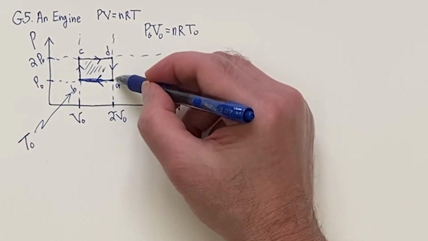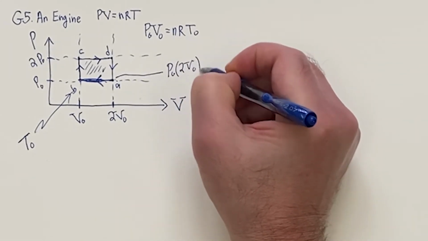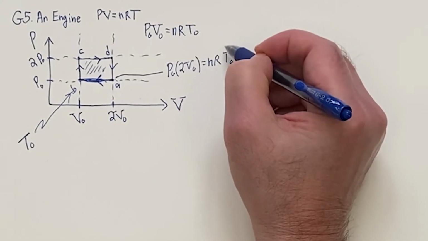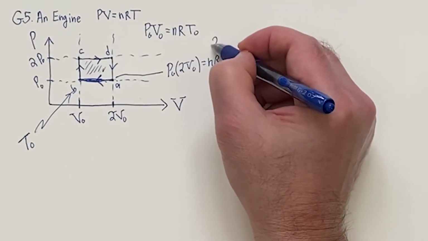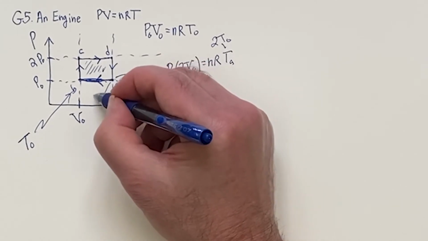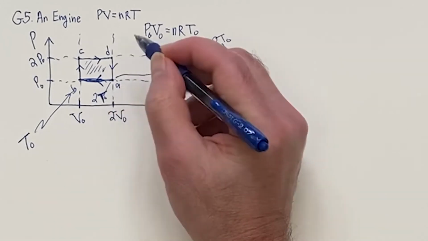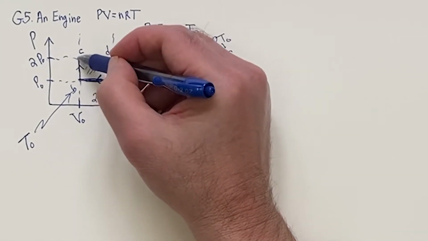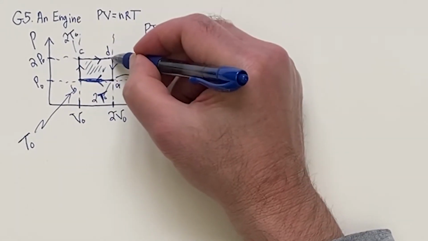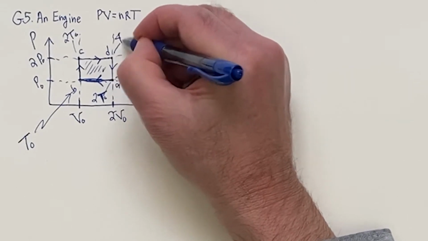If your volume doubles like this at A, then your temperature at A has to be 2 T naught. So this temperature here is going to be 2 T naught. Here, same trick. If you double the pressure, this will be 2 T naught. And over here, I have 2 P naught and 2 V naught. So this is going to be 4.